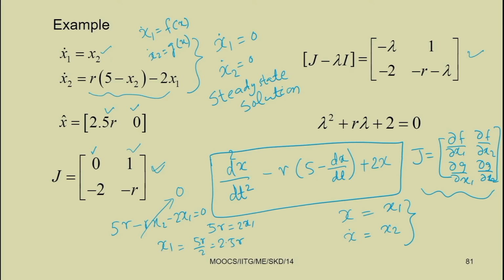To find lambda, the determinant will be equal to minus lambda into minus r minus lambda, minus 2 into 1. So this becomes lambda square plus r lambda plus 2 equal to 0.